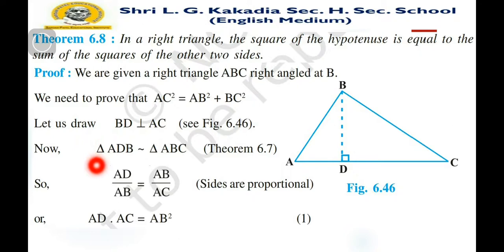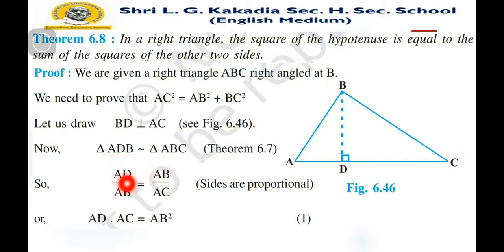Now, as we know, triangle ADB is similar to triangle ABC, from theorem number 6.7. If we take AD, then in the whole triangle we take AB. So AD upon AB, and if we take AB of ADB, then we take AC of ABC.